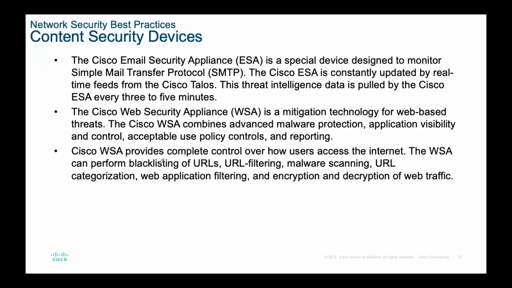Cisco WSA provides complete control over how users access the internet. The WSA can perform blacklisting of URLs and URL filtering, malware scanning, URL categorization, web application filtering, and encryption and also decryption of web traffic.